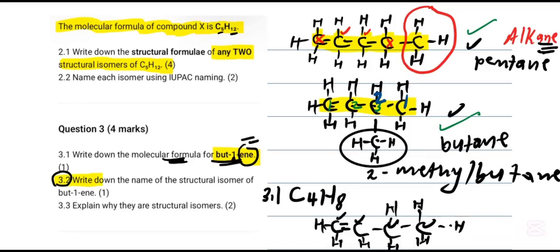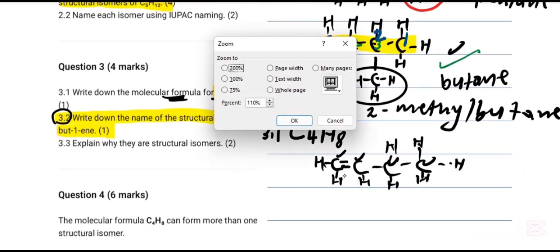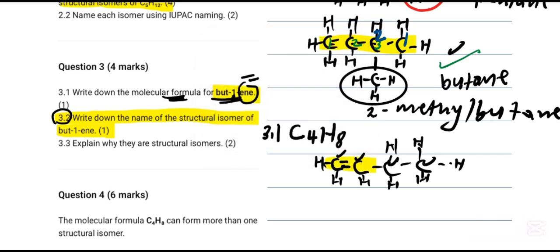Write down the name of the structural isomer of but-1-ene. So remember we drew but-1-ene, this is our but-1-ene. So the structural isomer of this can be but-2-ene, which means we can change the position of the functional group to number 2. So we get but-2-ene.